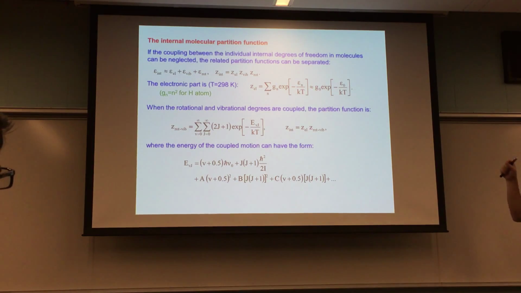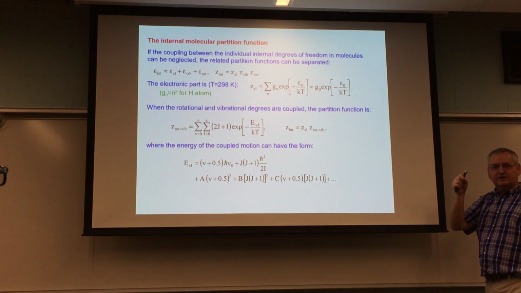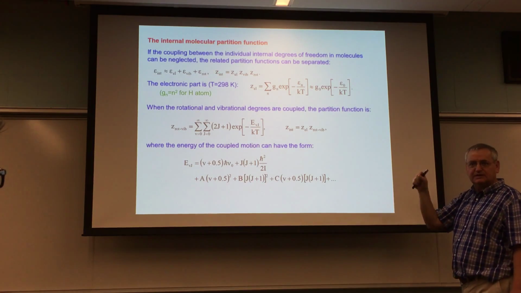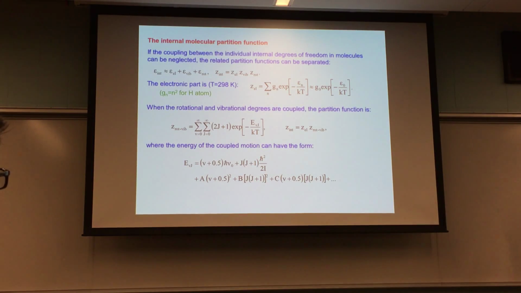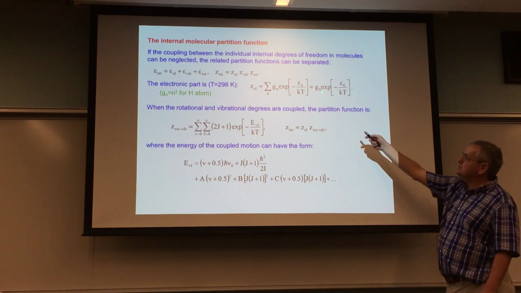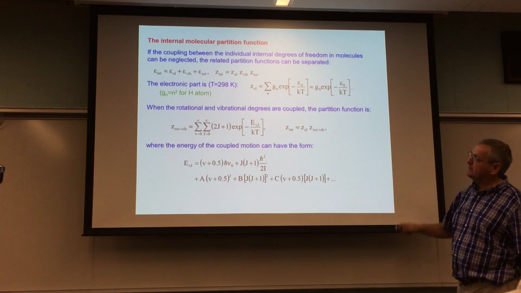So if Z vibrational is 10, that means you have 10 vibrational states populated at that temperature. That's the meaning of it. And electronically, usually because the states are very far away, we have only one state populated, and the partition function would be this ground state. Potentially, if there is some degeneracy.